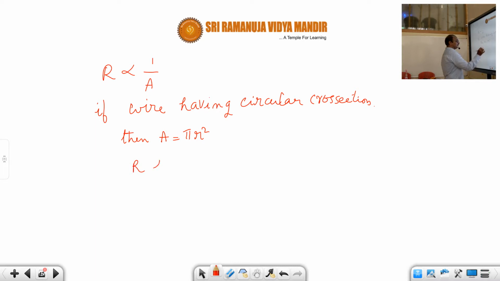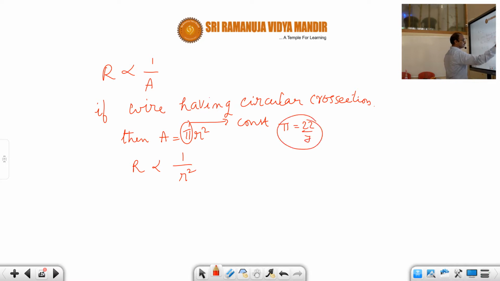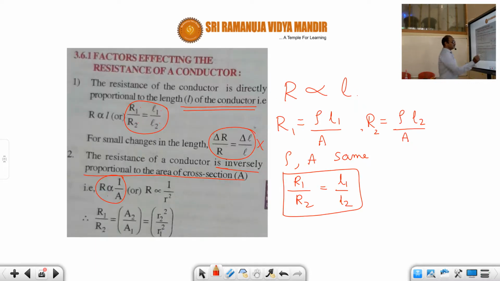That's why R equals 1 divided by r square. Again the pi value is a constant value, where pi equals 22 divided by 7. That's why we have not represented it here. So this is the equation.